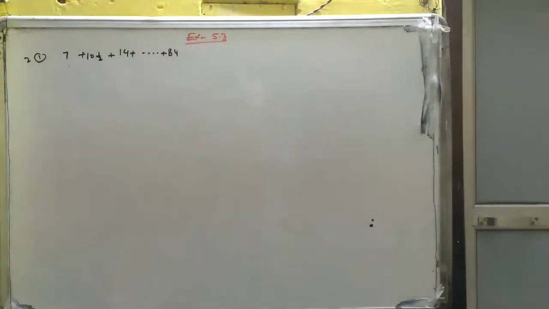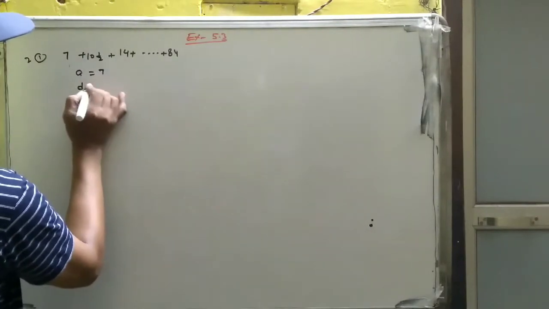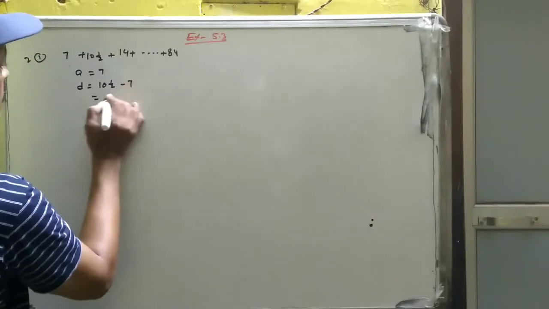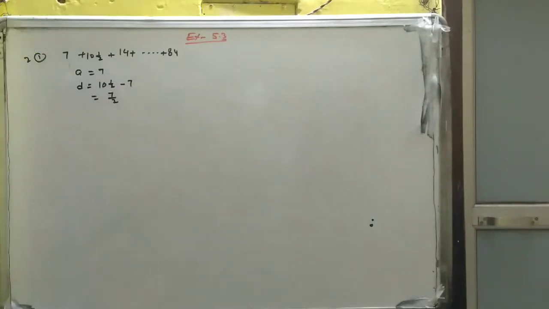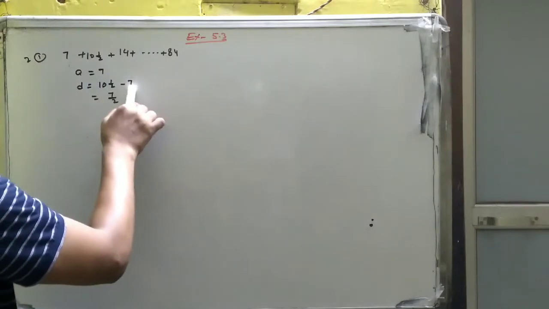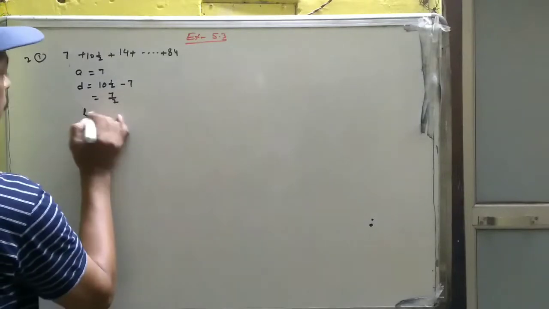Okay, so look here, at first we will find A. The A is 7 and D is 10 and a half minus 7, it will give us 7 by 2. Okay, 10 and a half minus 7 is 3 and a half. 3 and a half means 7 by 2. L is 84.